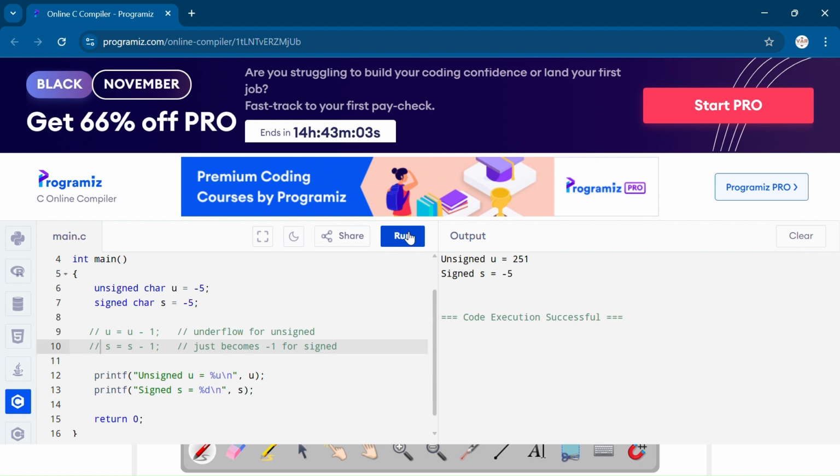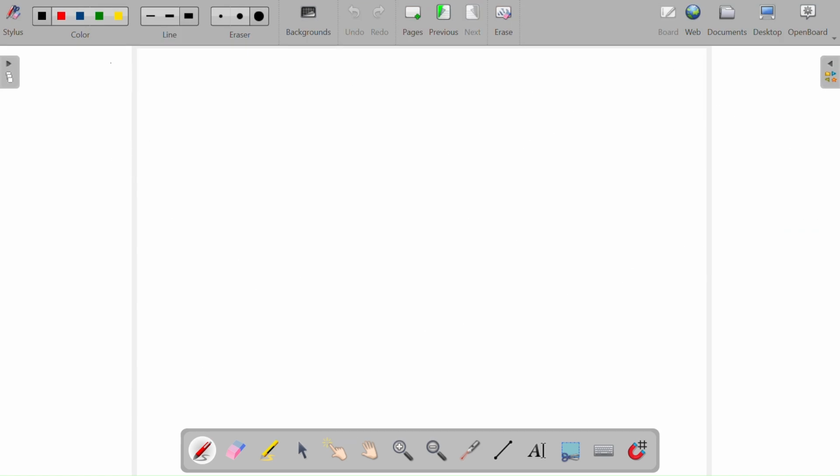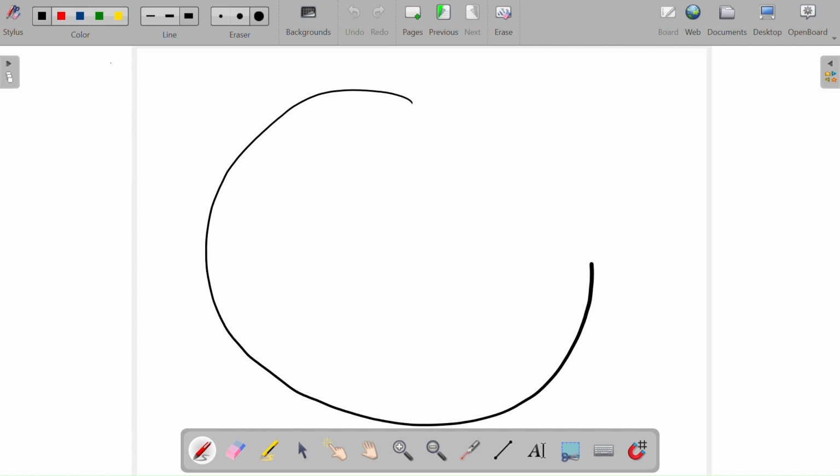For clear understanding, I can draw a circle. You take one circle and place 0, 1, 2 and so on, up to 127, then 130, 150, and so on, up to 255.